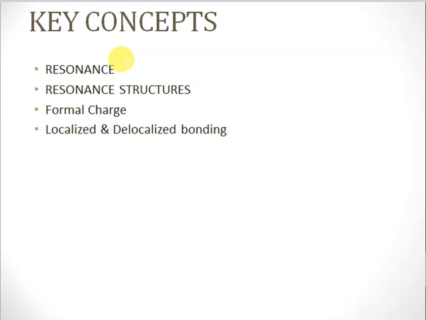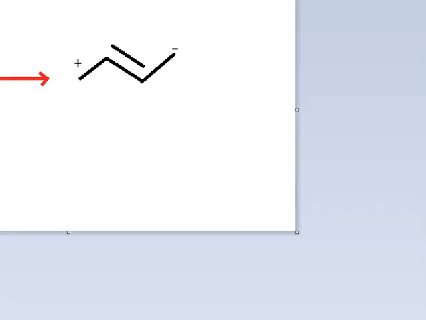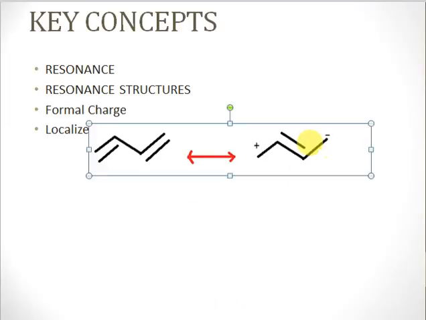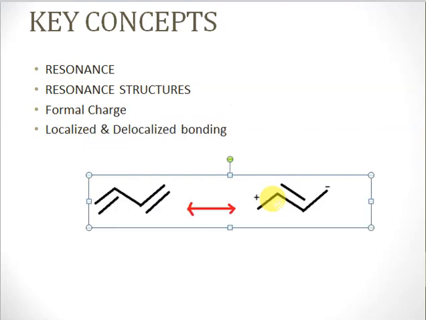And whenever the system is conjugated, we cannot draw a single structure to explain the conjugated system, right? Just for example, let's take a simple example. Suppose we have the structure, and we'll see what we mean by resonance, or what we mean by this conjugated system.